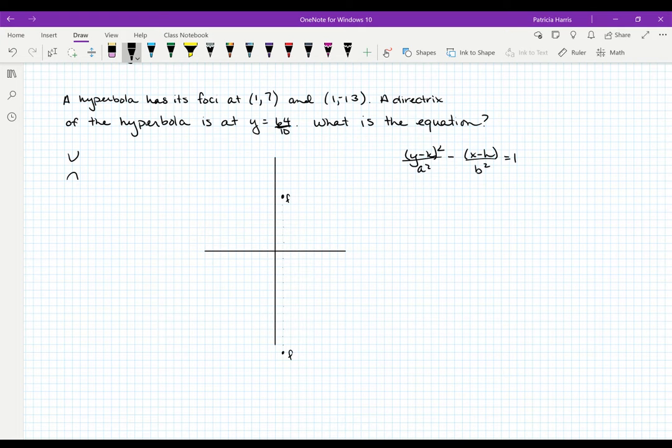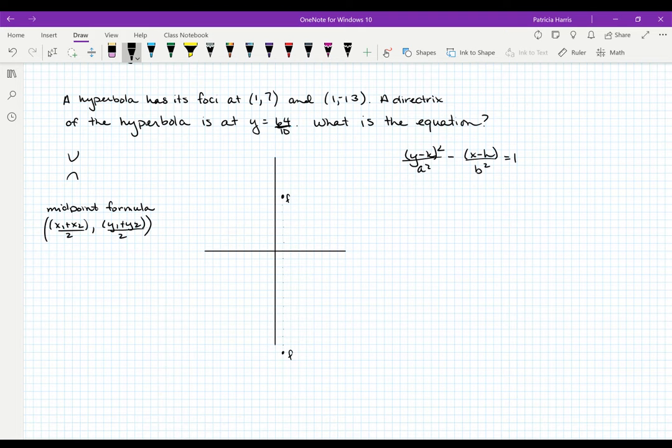So I can either count that out or I can use the midpoint formula. If you don't remember the midpoint formula, because that was like forever ago, I'll just write it out for you. But I'm just going to count it out. So you add your x's, divide by 2. Add your y's, divide by 2.